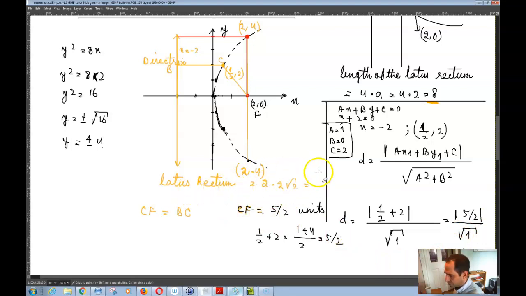So this distance over here, which was BC, is equal to, again, 5/2 units.